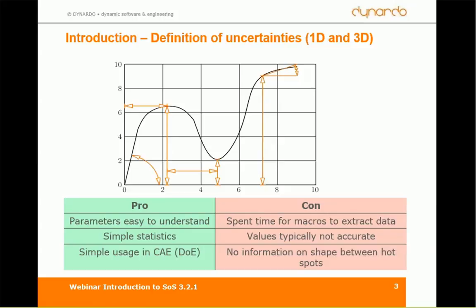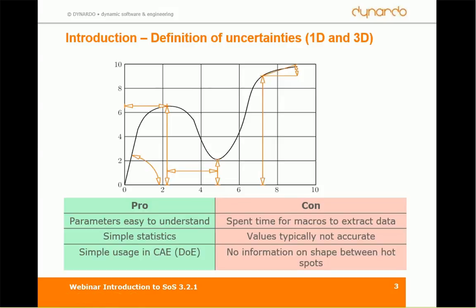Let's take a closer look at the definition of uncertainties like a signal output, which is nothing else than a one-dimensional random field. This output could be a Euler curve, some stress strain curve, or some dynamic loading. Working with random numbers, one would pre-select some a priori hotspots, like this one, reading information only at these points on output side.